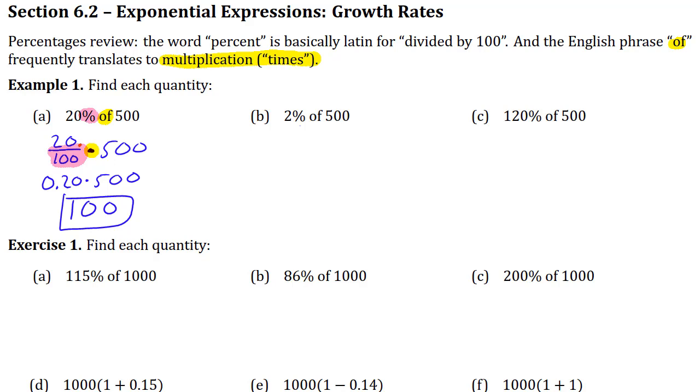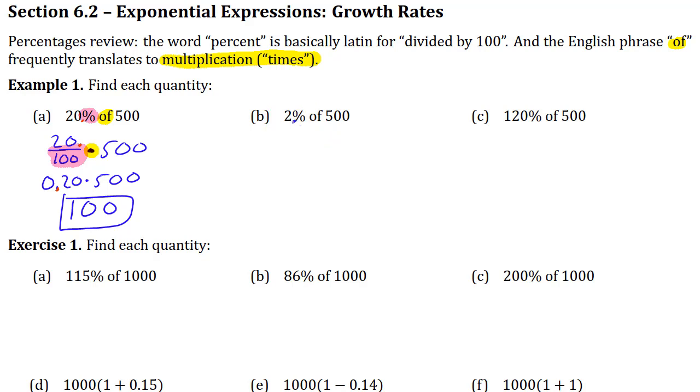Okay, so again, quick reminder, for 20%, the decimal starts here, and it's getting moved over 2 places to become 0.2. So 20% and 0.2 are the same number. Same deal here. The 2% really means 2 divided by 100.